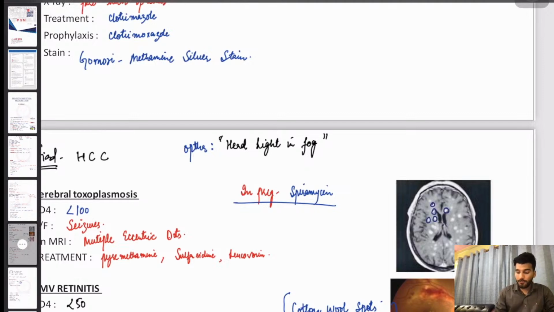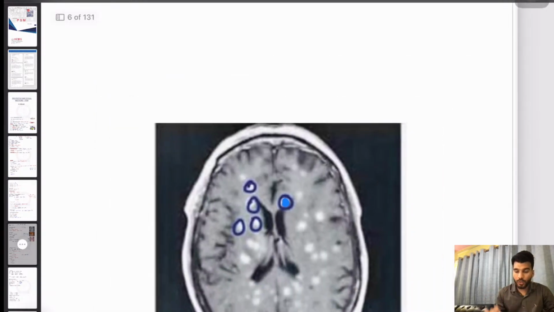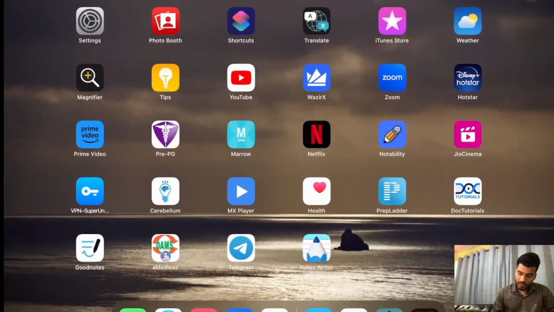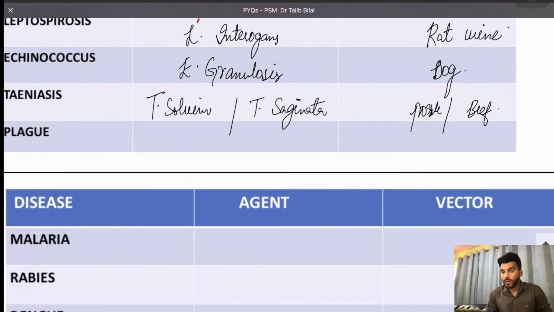But if you have a larva egg inside, with dots in between, then your answer is going to be neurocysticercosis. And neurocysticercosis drug of choice is albendazole and steroids. For taeniasis, praziquantel is the drug of choice.